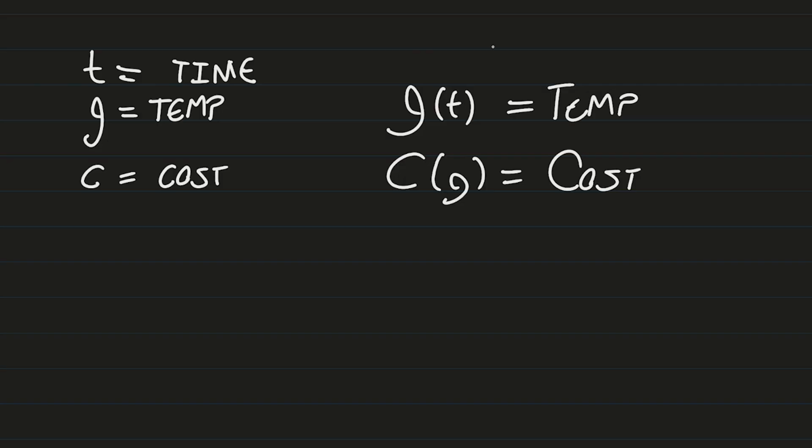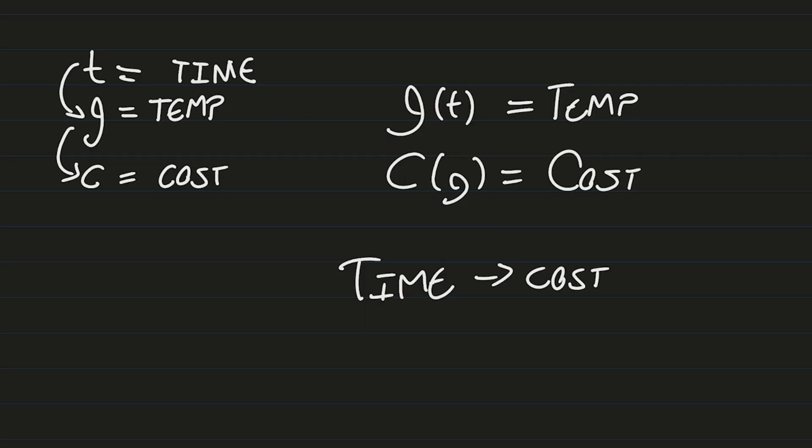If you composed those two functions together, instead of plugging in time getting temperature, plugging in temperature getting cost, you're plugging in time and you're getting cost right out. So now you've remapped the whole thing. Instead of going from t to g and g to c, you're going straight from t to c.